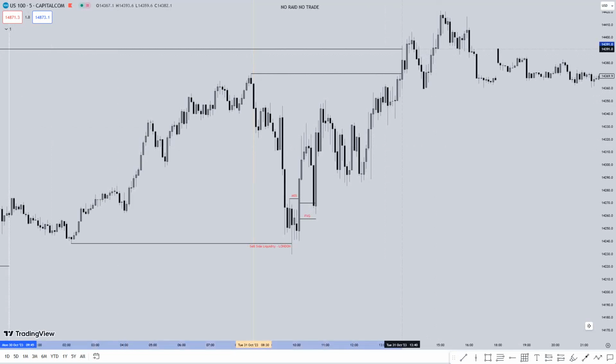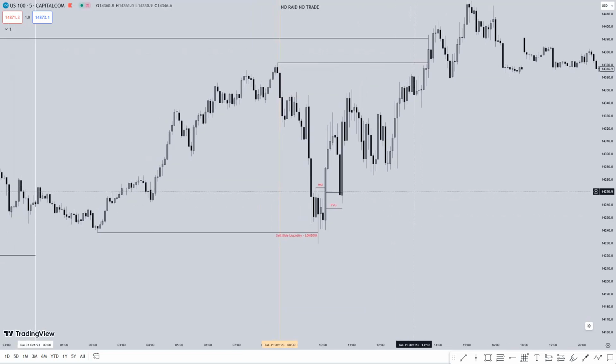But keep in mind that it is a time-based high, so price might reverse there, so it's always good to take your profits.